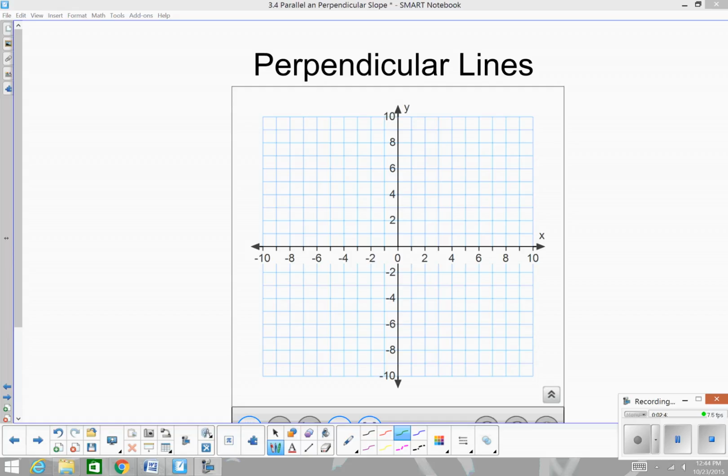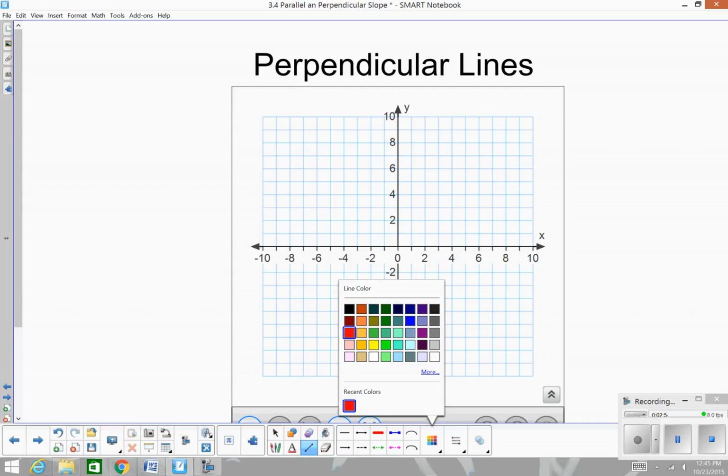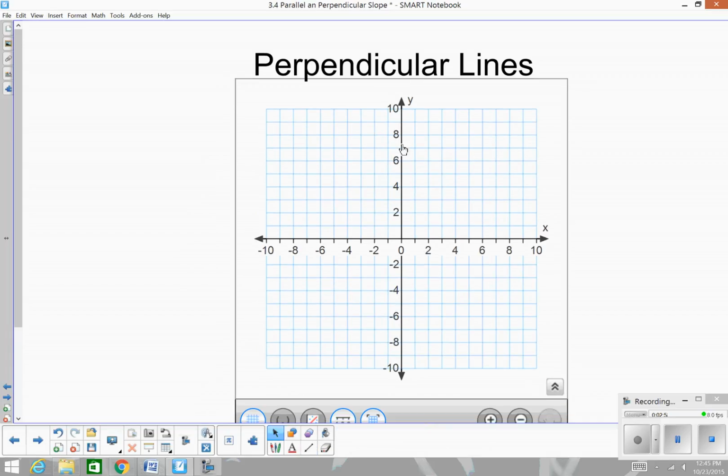All right, so now when we talk about perpendicular lines, we talk about two lines that, when they intersect, form a 90-degree angle. And I think the easiest ones to look at on an XY coordinate plane are the axes. If you look at the y-axis and the x-axis, when they cross each other, they form 90-degree angles right there.